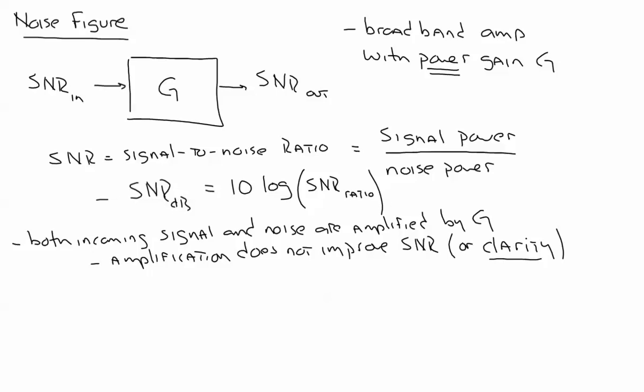Simple amplification does not improve signal to noise ratio. Signal to noise ratio is also a measure of clarity. How clear is the signal compared to the noise that it's immersed in? So simple amplification does not improve signal to noise ratio or clarity. Worse yet, the amplifier will add in its own noise, which could be, very likely is, thermal noise.